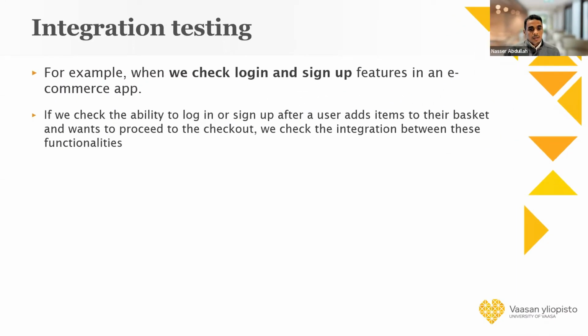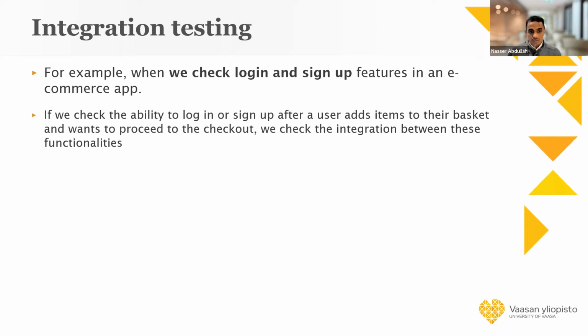So here is an example of integration testing. Integration testing, as we say, is not just testing the components together from up to down. Sometimes, as we see in the test procedure, we want to test a sequence of events.